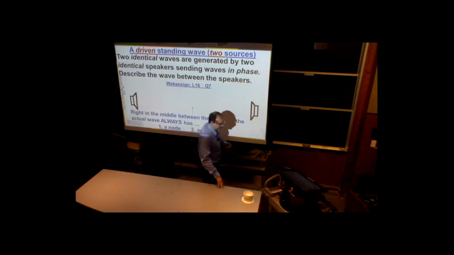They overlap, and right in the middle between these two sources, we should observe something specific. The question is, what? And so please keep entering. I'm going to use this moment to show, again, only two applets.